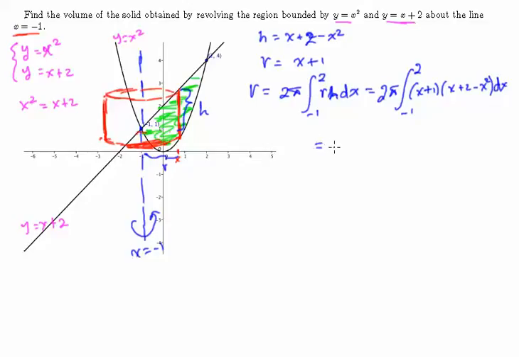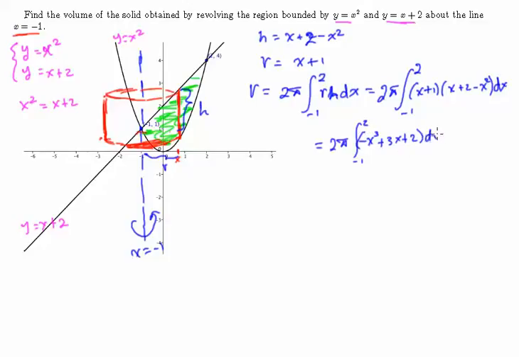And I went ahead and FOILed this expression, multiplied each by x and each by 1 and added up, and what I got is negative x cubed plus 3x plus 2.